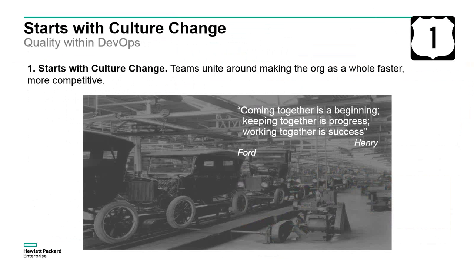At least they should have this. I really like this quote from Henry Ford, that coming together is a beginning. Keeping together is progress, but working together is really what success is. And DevOps is a journey. Part of that journey is about trust, learning to trust each other, to collectively look for solutions to problems, rather than to assign blame.